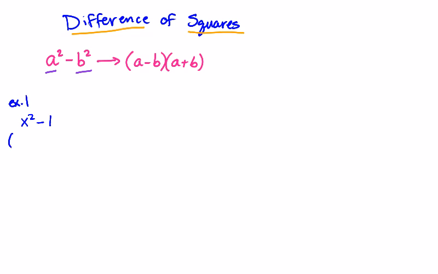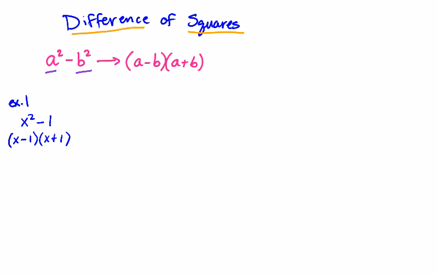So in each parentheses, we'll go x minus 1 and x plus 1. To check your answer, you could FOIL that back out, and you would see that the result is x squared minus 1.